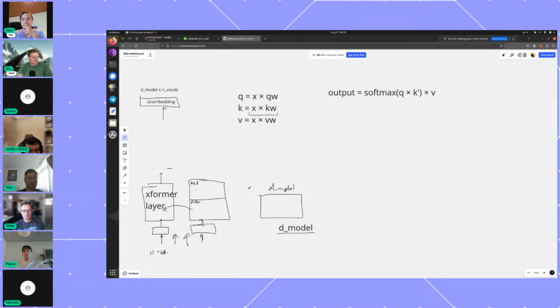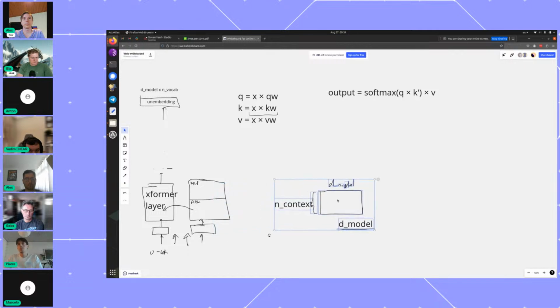Let's say the prompt is already 100 tokens. So this is your 100 tokens, your prompt. We call it, let's call it context. And this is multiplied by the matrix of size D model by D model.